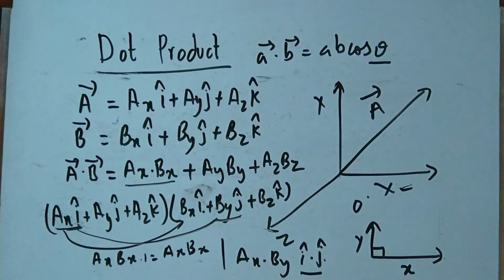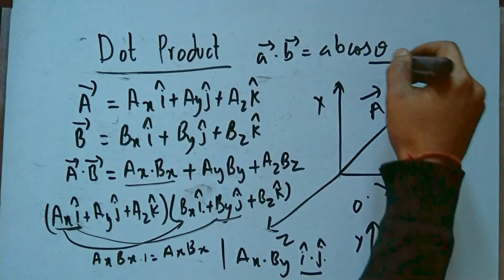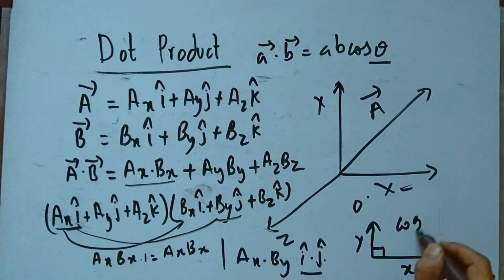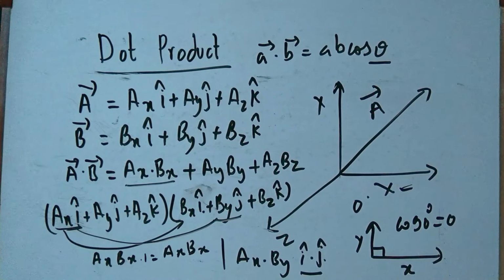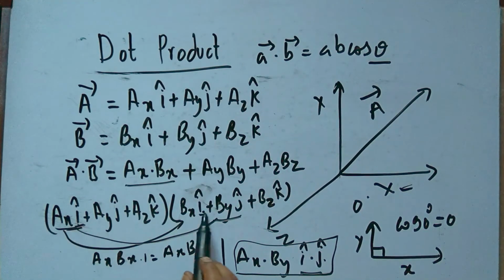They are perpendicular to each other. So cos theta, that is cos 90, is 0. So this whole term becomes 0. Similarly, when we multiply each other again, the whole terms become 0. Only i, j, and k remains non-zero.